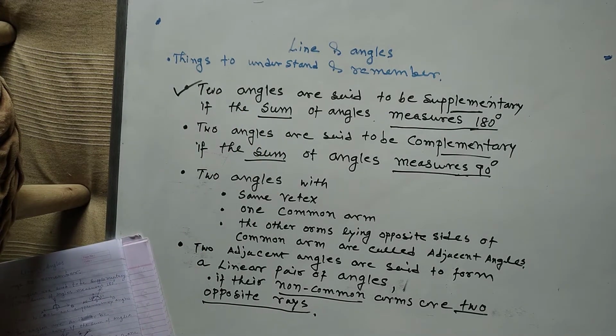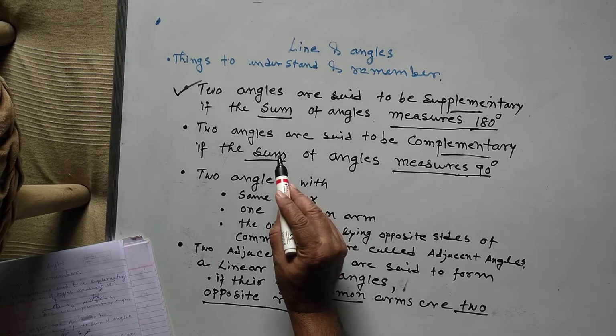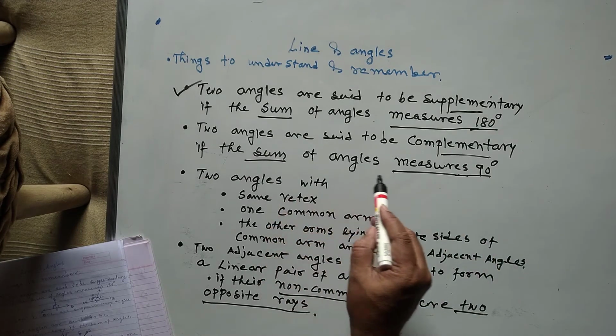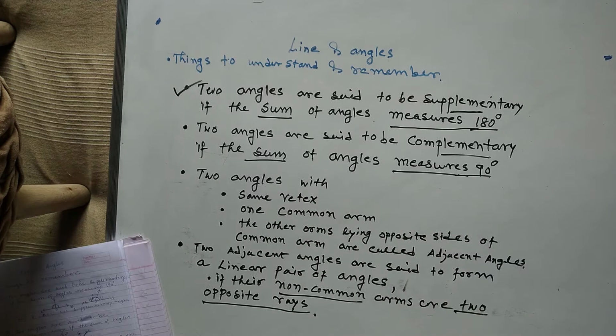Next, two angles are said to be complementary if the sum of the angles measures 90 degrees.